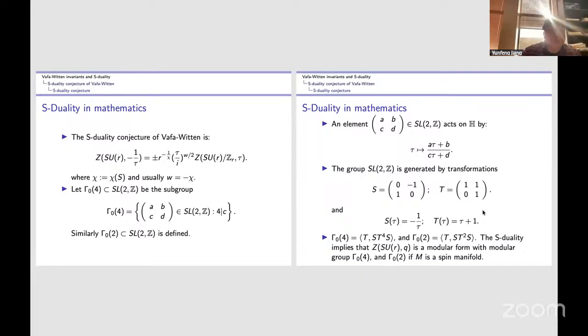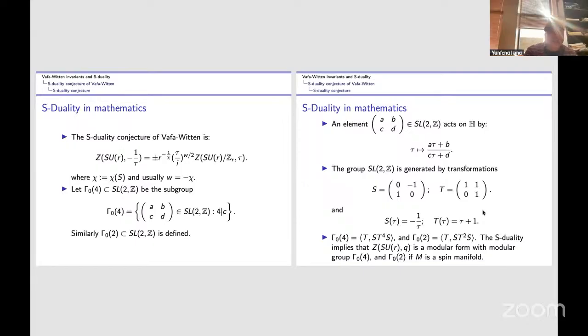As for the partition function, when you invert tau to minus 1 over tau, we have the following functional equation: the generating function of SU(r) is related to the generating function of SU(r) mod Z_r like this. Here chi is the Euler characteristic of the surface S, or the four-manifold.